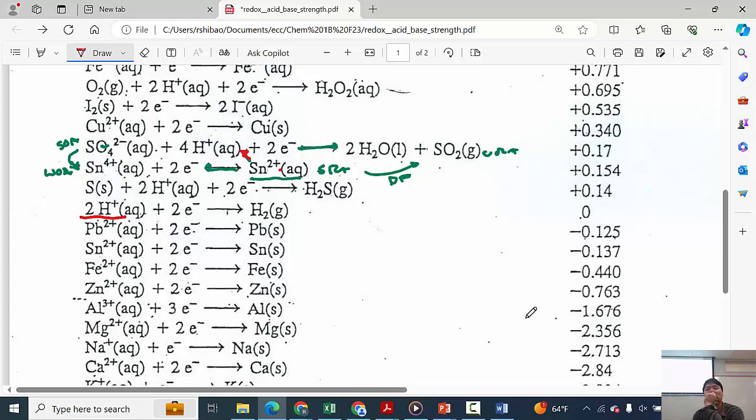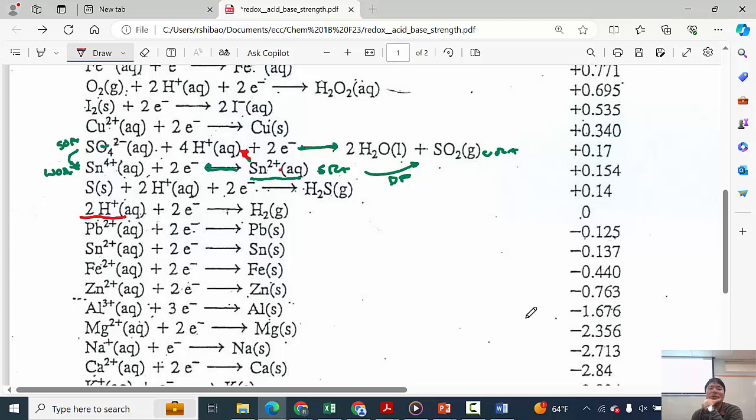Anything stronger than hydrogen. Yes, anything stronger than hydrogen. So give me one. Lead. So HF will react with lead, tin, iron, zinc, aluminum, magnesium, sodium, calcium, etc., potassium.